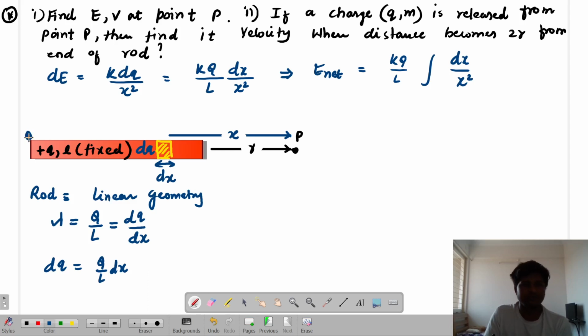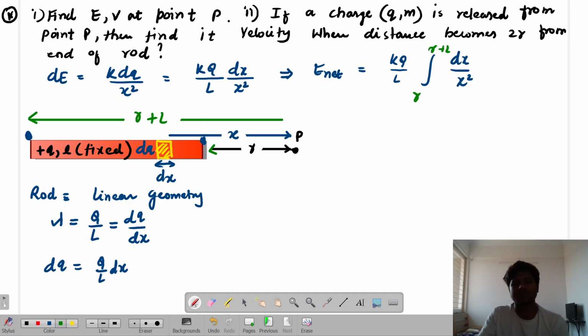It varies from one end till the other end. The far end is at r plus L distance, and the near end is just r. So the integration must vary from r to r plus L. Are you able to get me?